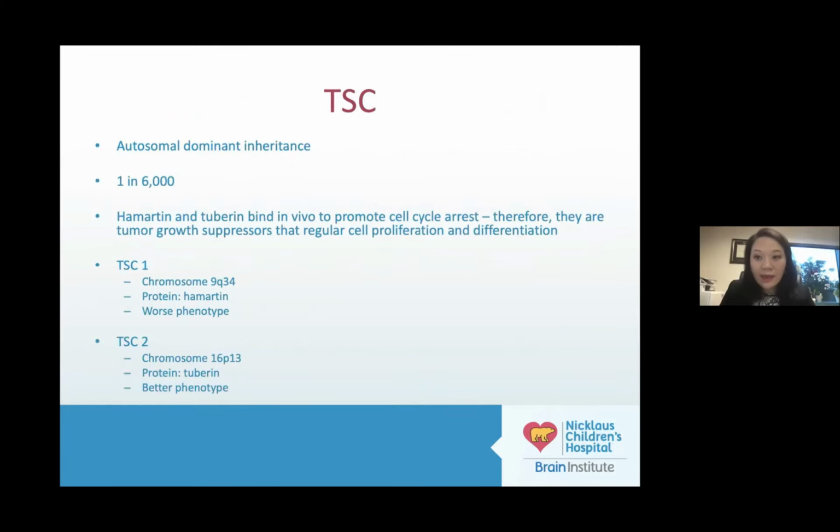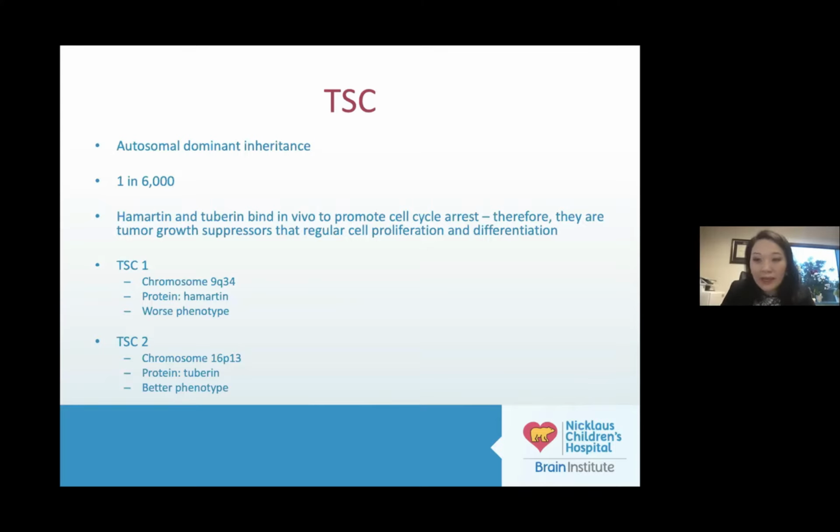TSC is inherited through an autosomal dominant pattern, and it occurs in 1 in 6,000 births. And TSC1 and TSC2 code for one of two different proteins called hamartin or tuberin, and they bind in vivo to promote cell arrest, and therefore they're considered tumor suppressor genes that regulate cell proliferation and differentiation.